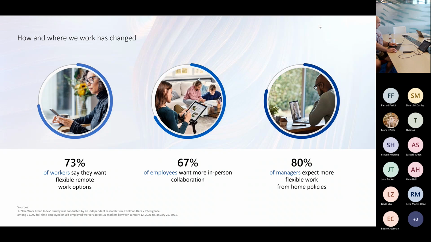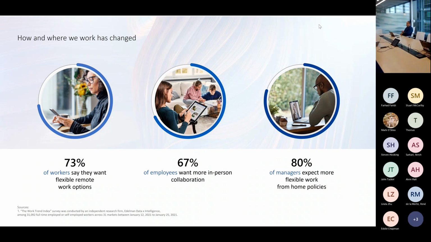Now, what do I take back from these numbers? There's some confusion. People want to work from home, and at the same time, 67% of employees want to work in person. Remember, these statistics are from 2021, but still very relevant.